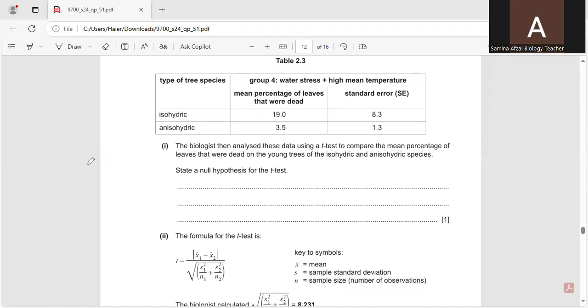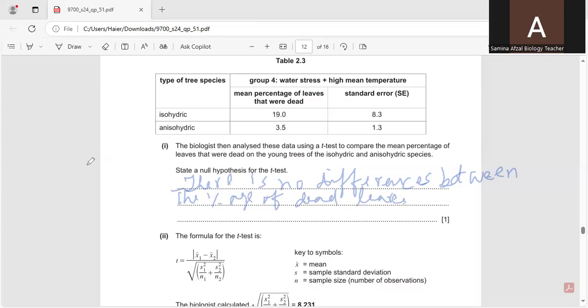According to the null hypothesis, there is no significant difference between isohydric and anisohydric plant species.